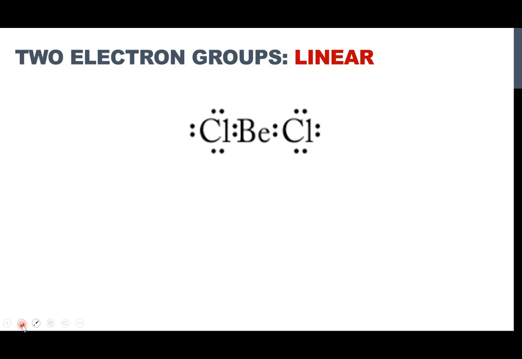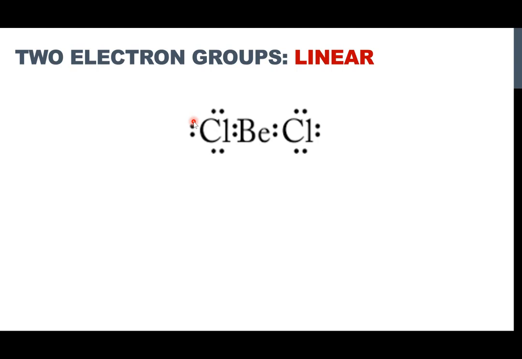All right, so now that we know what we're looking for, and we know that we're looking at the central atom, let's take a look at how this all works. So here our central atom is beryllium. And beryllium has how many electron groups, or how many things attached to it? It's got 1, 2 electron groups. So remember, we're talking about these electron groups trying to get as far away from each other as possible.